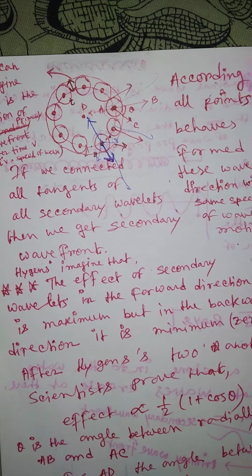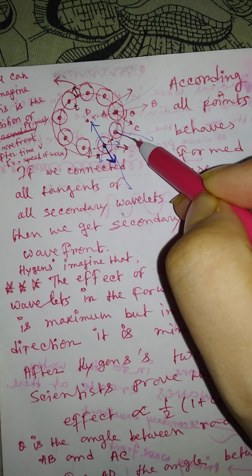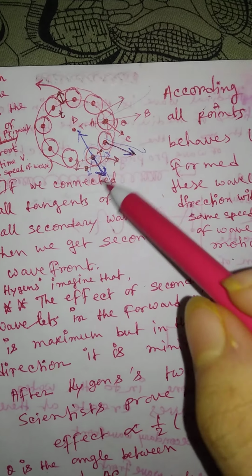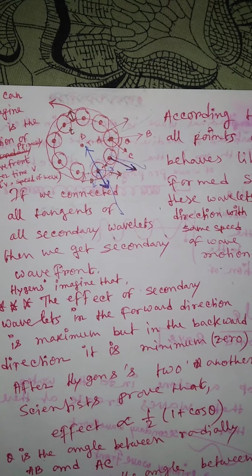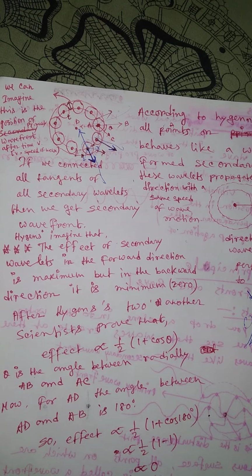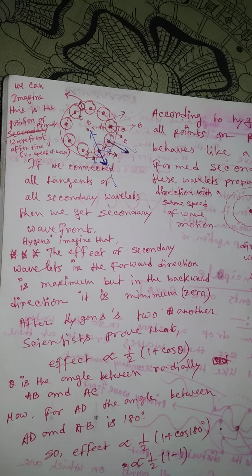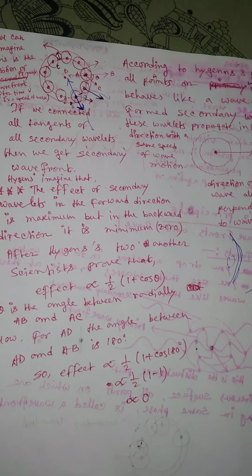The effect of each and every wavelet towards the wave motion is maximum, and backwards it's minimum. So this is the assumption of Huygens. But after some time it was also proved by two physicists.